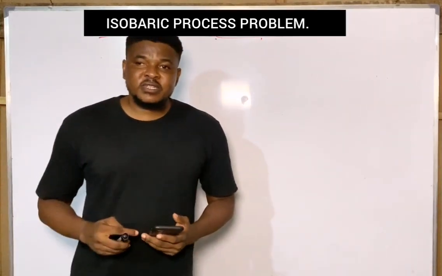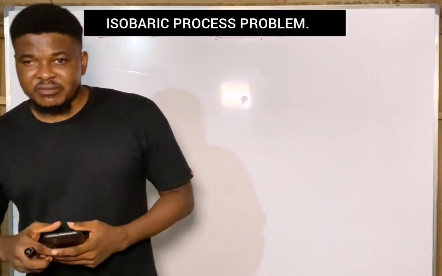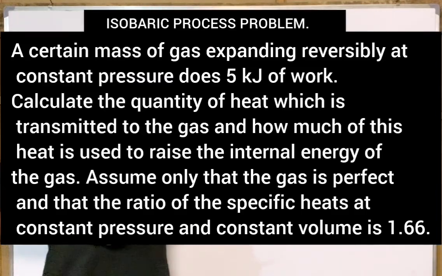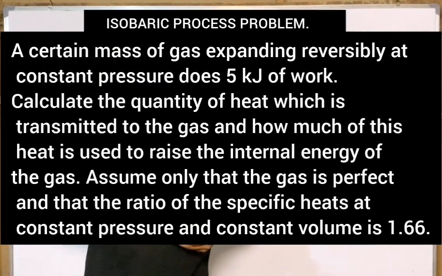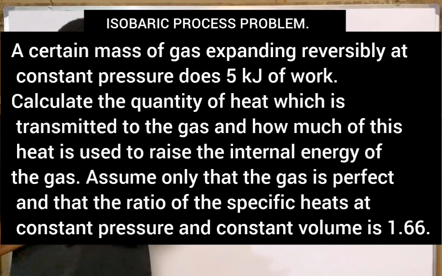So we are going to consider this question on a reversible isobaric process. The question says a certain mass of gas expanding reversibly at constant pressure does 5 kilojoules of work. Calculate the quantity of heat which is transmitted to the gas and how much of this heat is used to raise the internal energy of the gas.